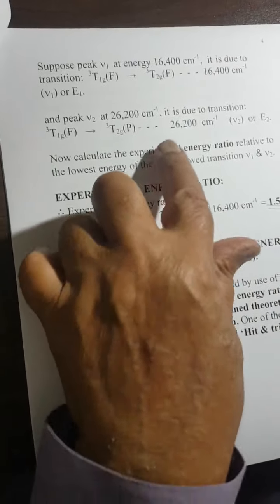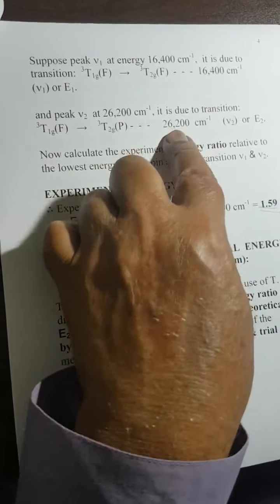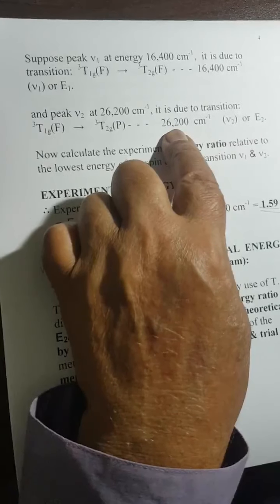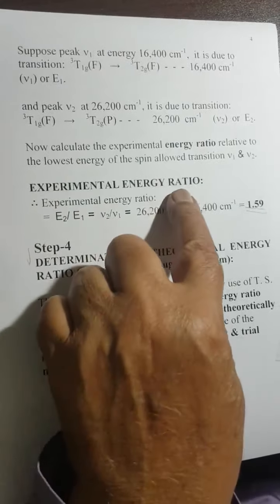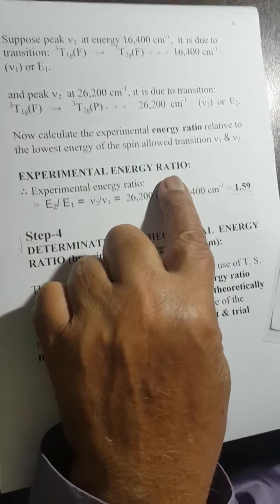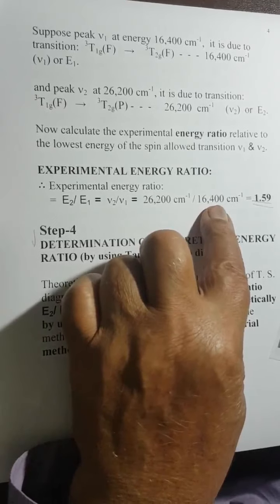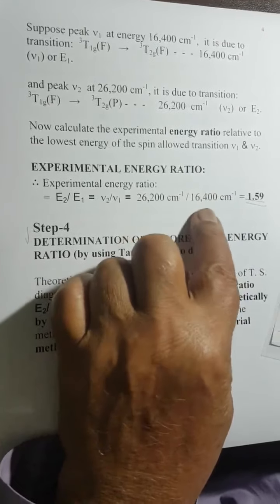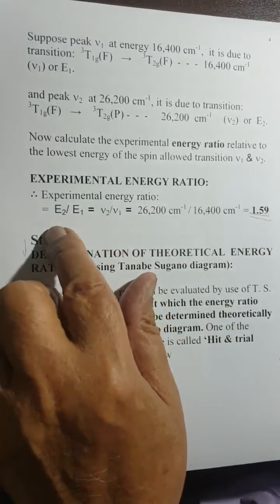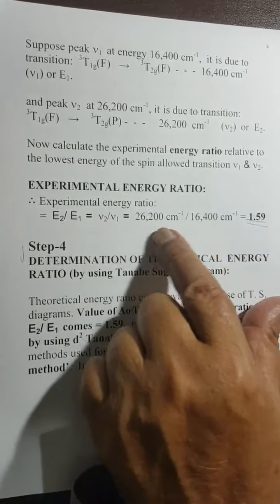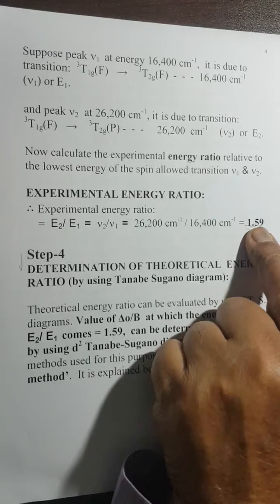So once we have supposed that this is the high energy peak and that is the low energy, then the experimental energy ratio, naturally 2600 divided by this, we get from the spectrum. So the experimental energy ratio, this divided by this, is 1.59.